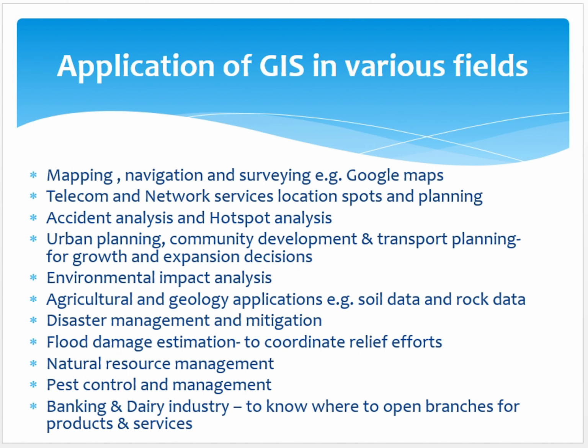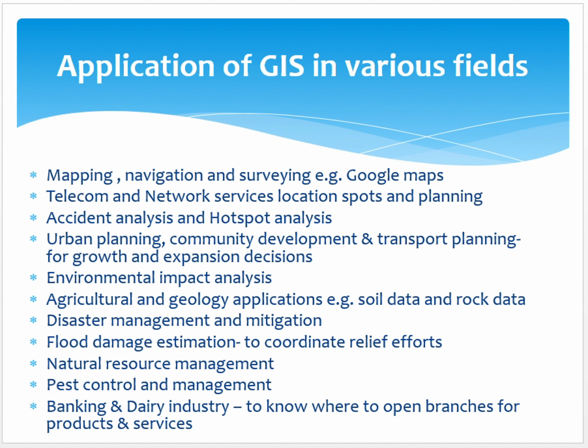Environmental impact analysis: anything happening in the environment, you can use GIS to understand why, and areas that need some improvement. Disaster management and mitigation, flood damage estimates, managing pest control, banking, so where to open the branches.